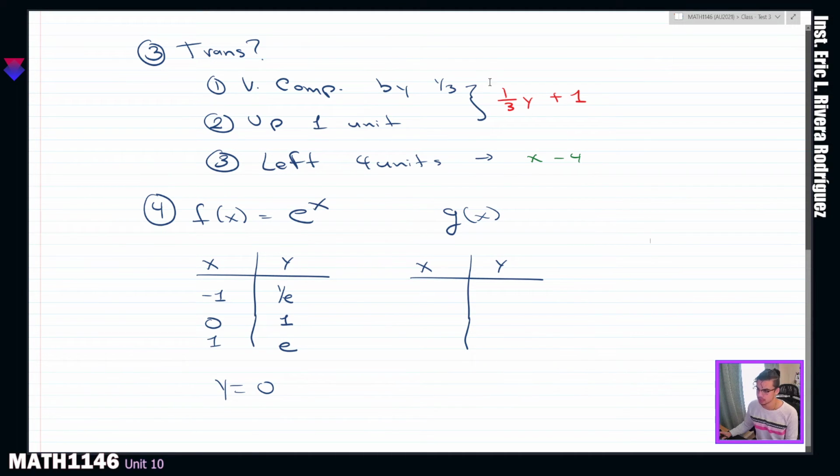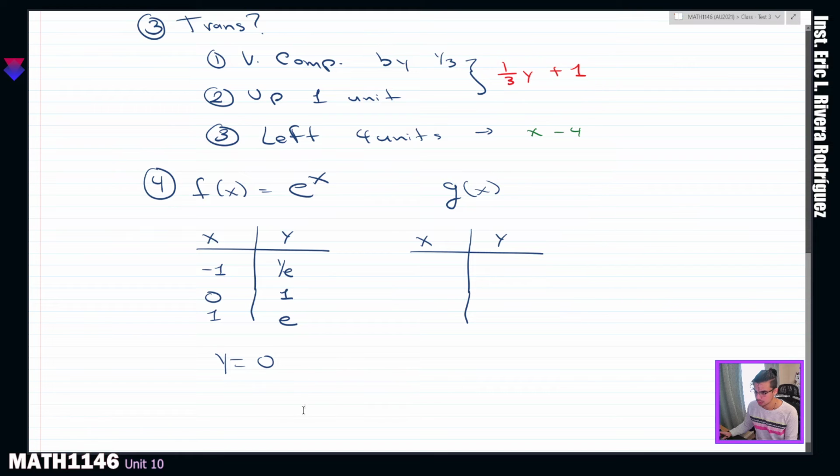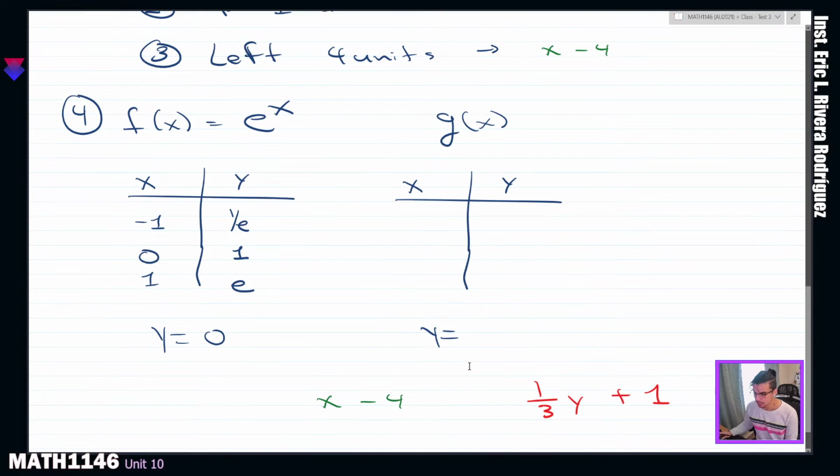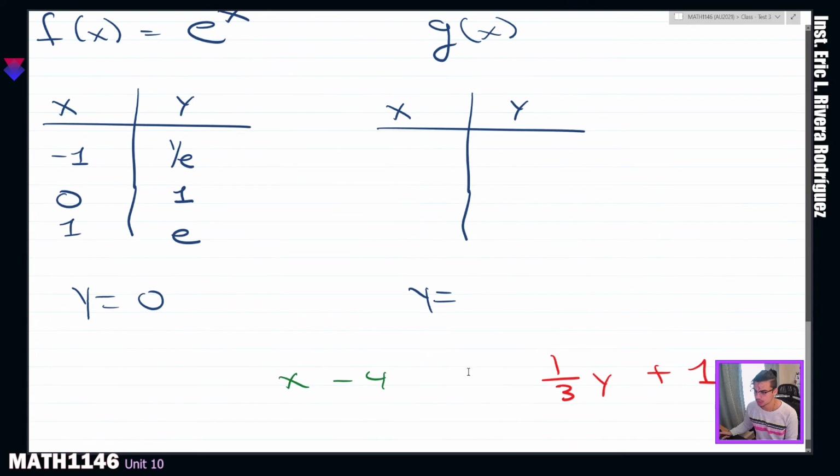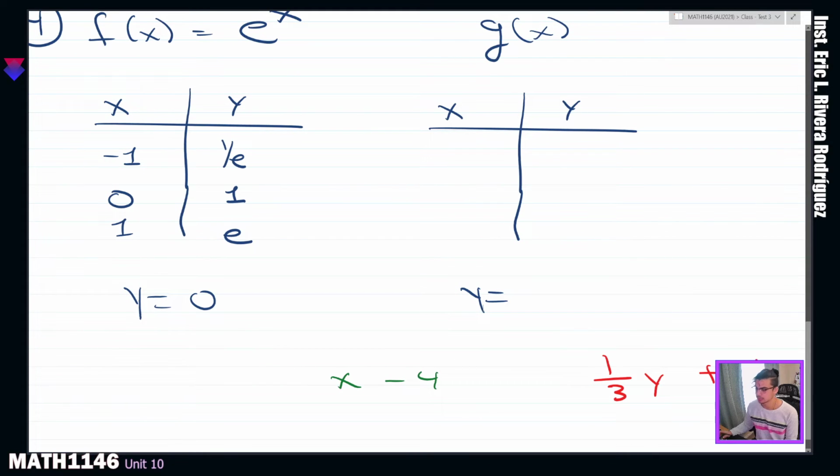So those are the equations. Copy. Paste here. Okay. Can you give me the new points?